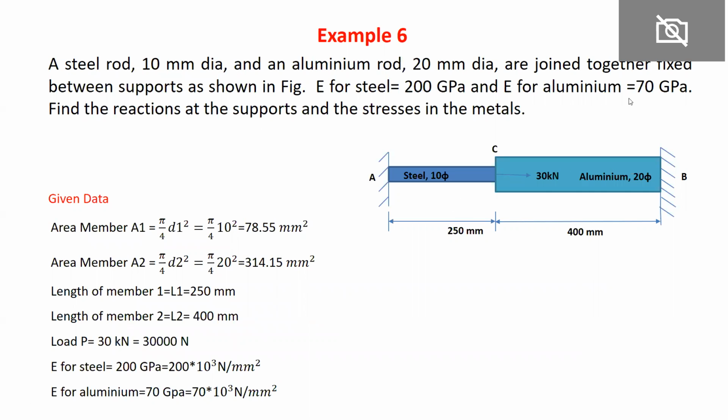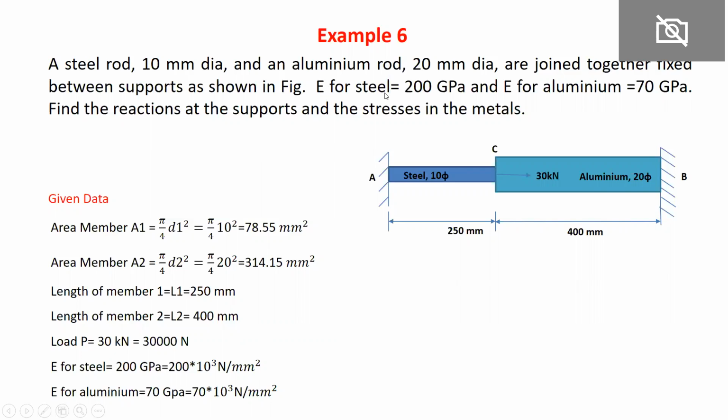Today I am going to deal with this problem: a steel rod of 10 mm diameter and an aluminum rod of 20 mm diameter are joined together and fixed between supports as shown in the figure.